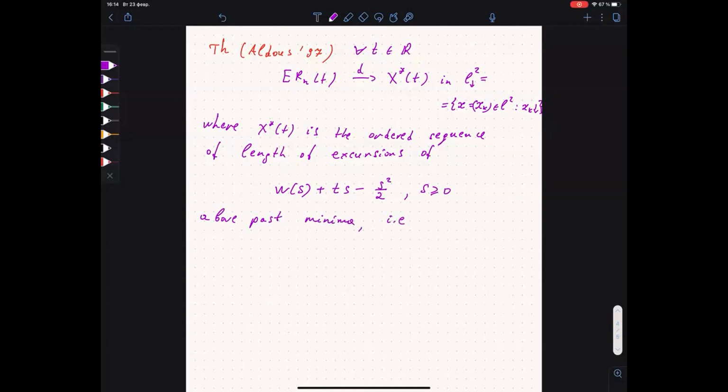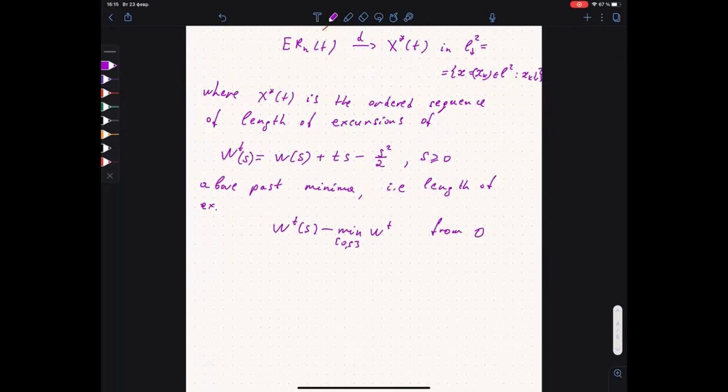It means that the lengths of the excursions of the process W^t(s) minus its minimum from 0.